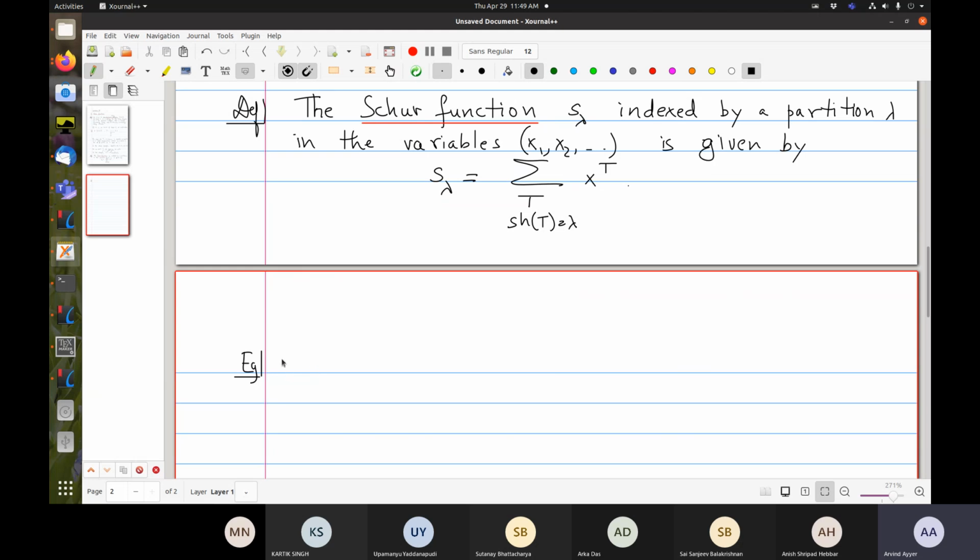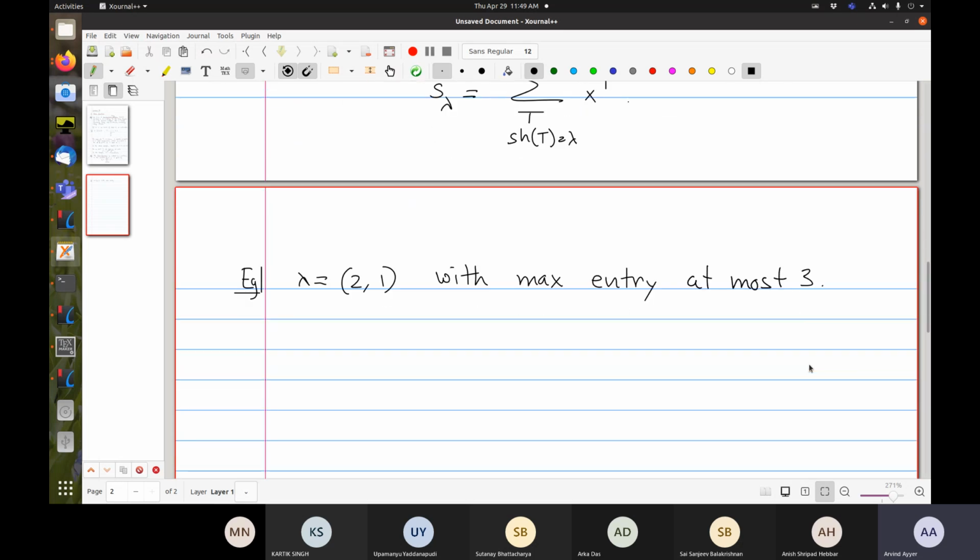Let's look at an example. So let's take a simple example, lambda equals 2, 1 with maximum entry at most 3. Okay, so let's just list all of these. There are not too many. So I'll write the tableau here and I'll write x to the T. So let's start with the simplest one.